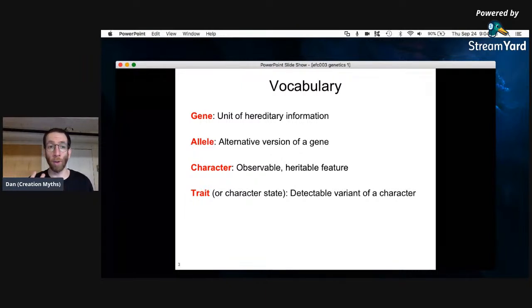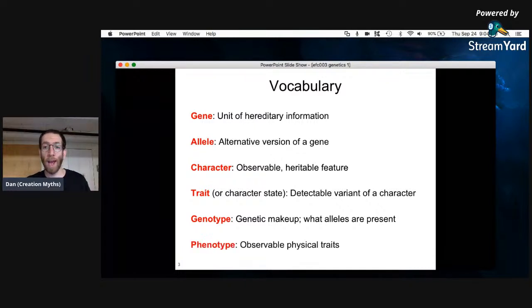To put it another way, sticking with hair color, hair color would be a character, and then brown or red would be the trait or the character state. Okay, that's the distinction between character and trait. And then finally, we need to talk about genotype and phenotype. Genotype just refers to the genetic makeup of an individual.